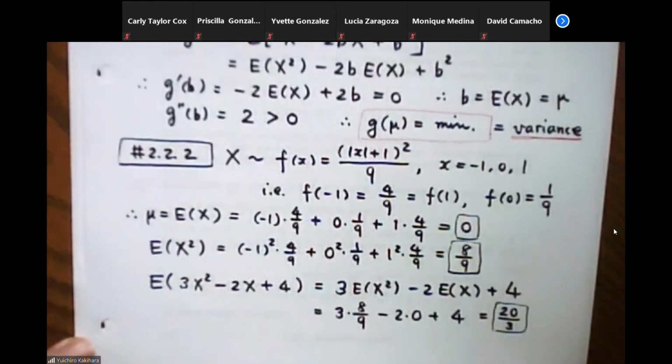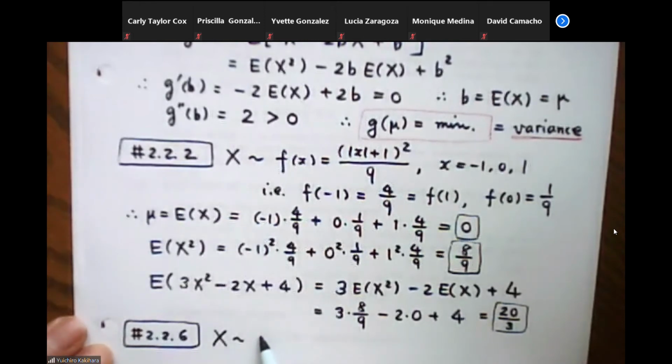Another example, 226. The random variable is subject to the probability mass function. In this case, x can be 1 through infinity: 1, 2, 3, dot, dot, dot, up to infinity.